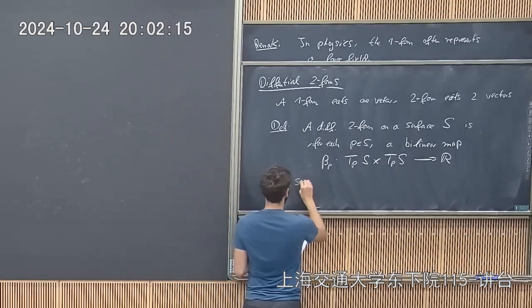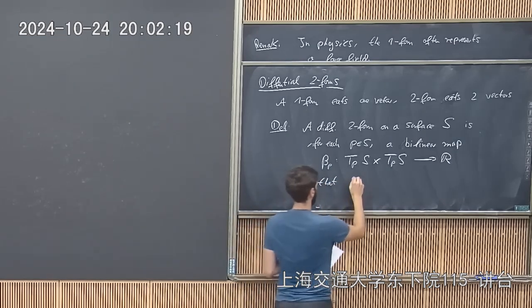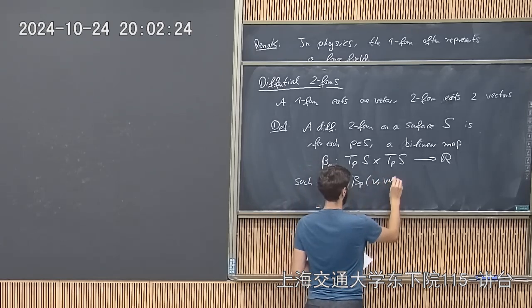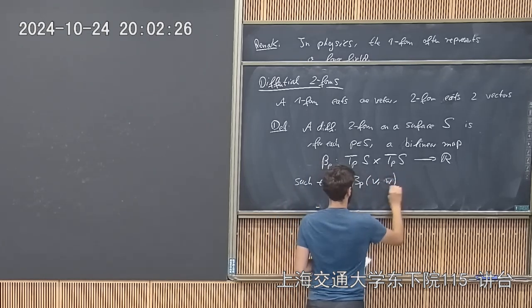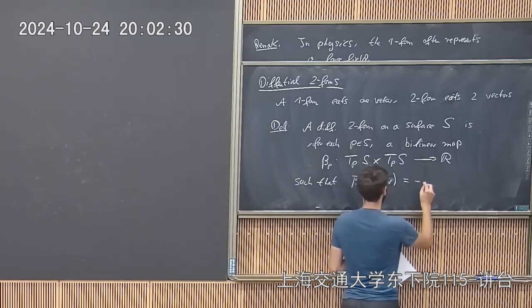And such that if you have two vectors and you plug them in, and then you reverse the order of these vectors, you get exactly the minus sign.